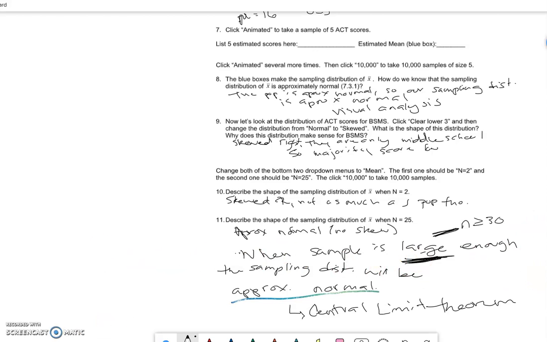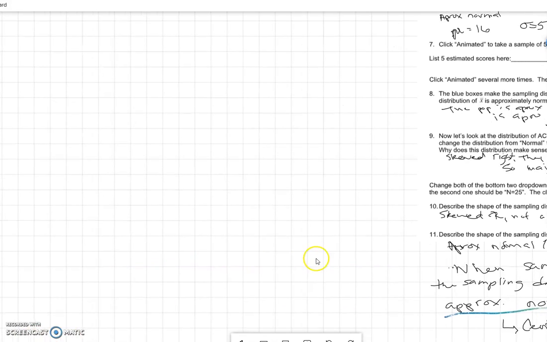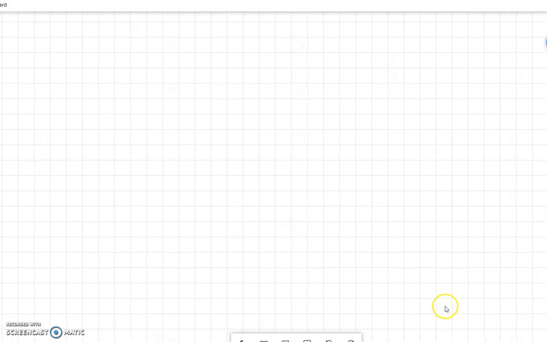So now we got to get to our big ideas. So we only have 2. First one is our central limit theorem.